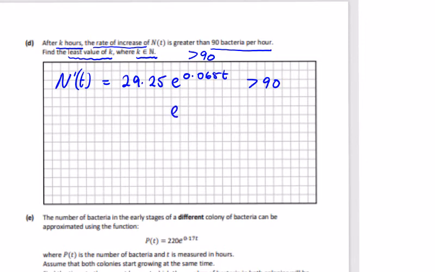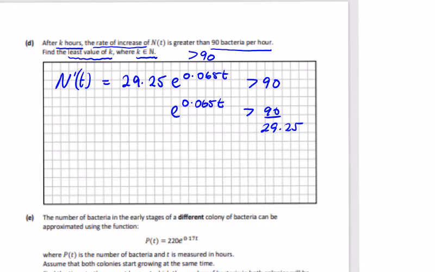So if I divide across by 29.25, I'm going to get 90 over 29.25, just under 3. Just over 3 even, so it's 3.07. I'll leave that as 90 over 29.25.